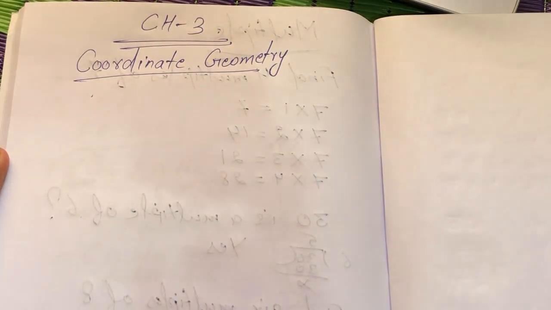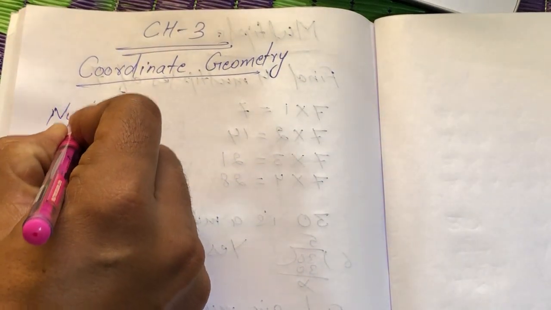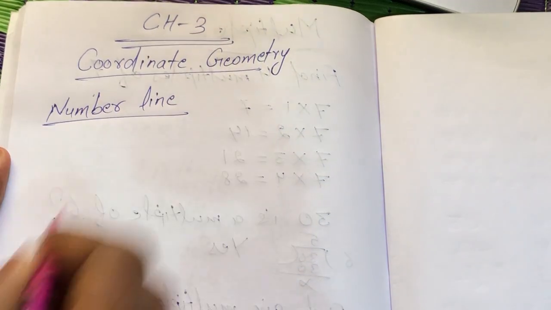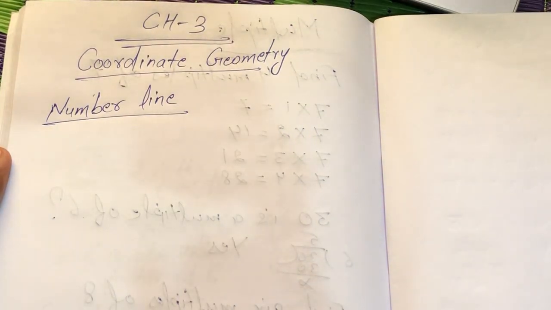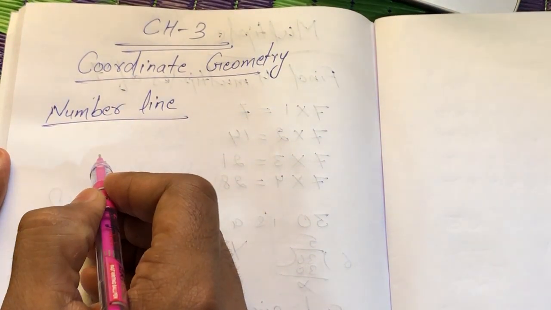You must have plotted things on a number line. In your earlier classes you studied about the number line. You all know what a number line is and how to put points on it.